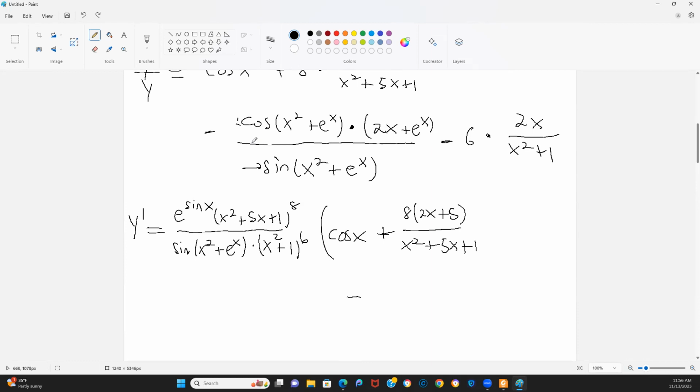It will be cotangent, but then there's this thing I'm going to put in the front, so it'll be minus (2x plus e to the x) times cotangent of (x squared plus e to the x). And then this will be minus 12x over (x squared plus 1), parentheses. So it's this whole thing times this thing which I had to write in on 2 lines. So hopefully that makes some sense.